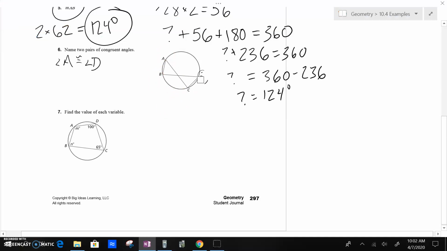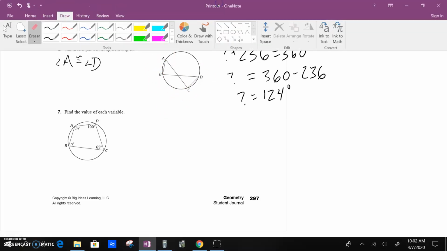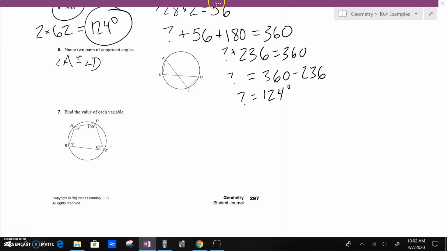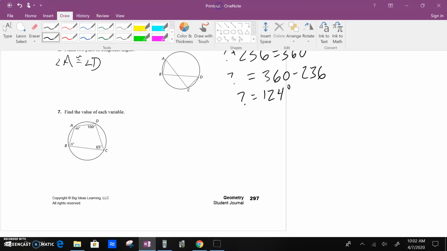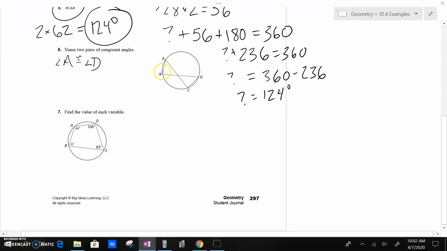And then same idea, and I'll knock out my drawing there because I think now it's a little hard to see the picture. Now we're going to go with the other side, and I'll go with the red here. So if I look at angle B, it hits at A and hits at D, meaning this is the arc that matches with angle B. And then angle C has the exact same 2 endpoints, which means it has the exact same angle.